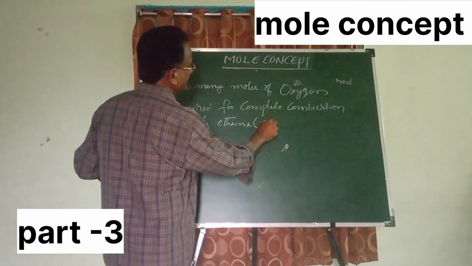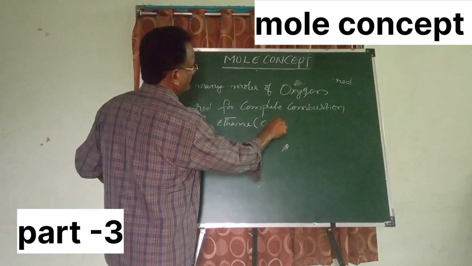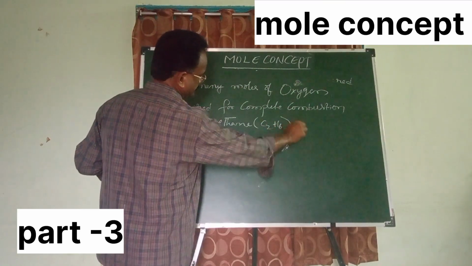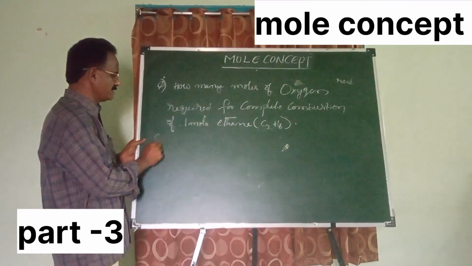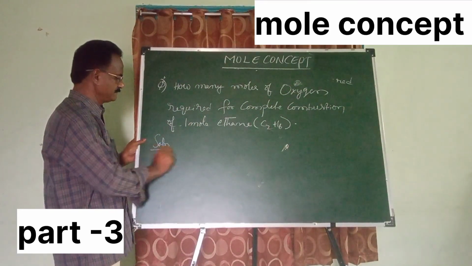What is the formula of ethane? Sometimes they will give it in the problem: C2H6. Okay, 1 mole ethane. Now let us solve this based on the equation we have.